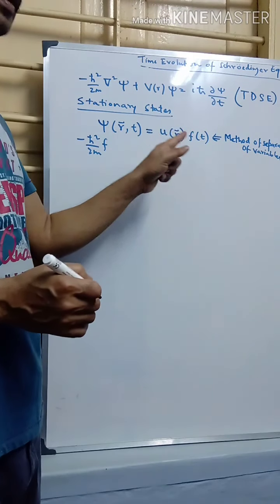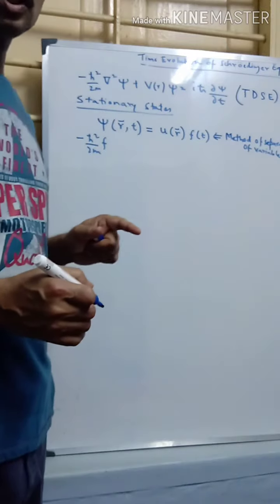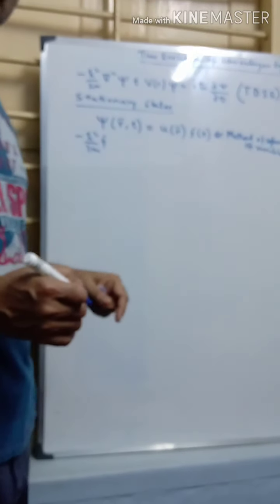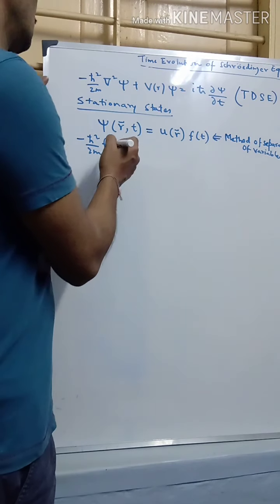You remember f is a function of time and u is a function of r. So u is the spatial part and f is the time part, which is the solution to the above partial differential equation.